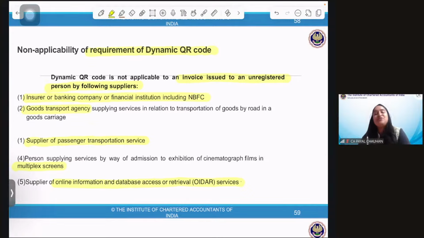Exemption from issuing e-invoice. And what are these exemptions? Exemption from quoting dynamic QR code. Yes, it seems similar, but they are not similar, right? Dynamic QR code. Perfect.